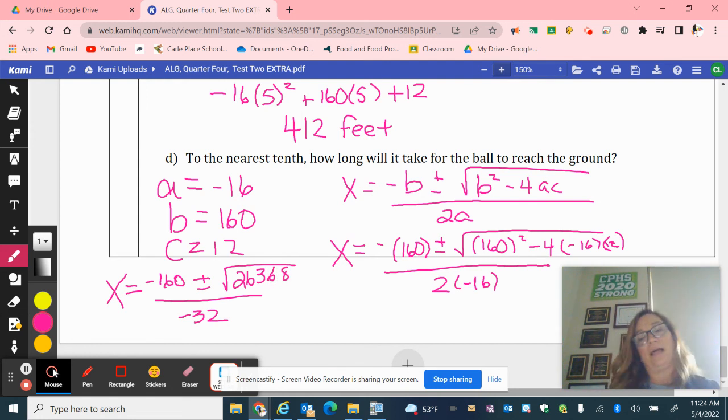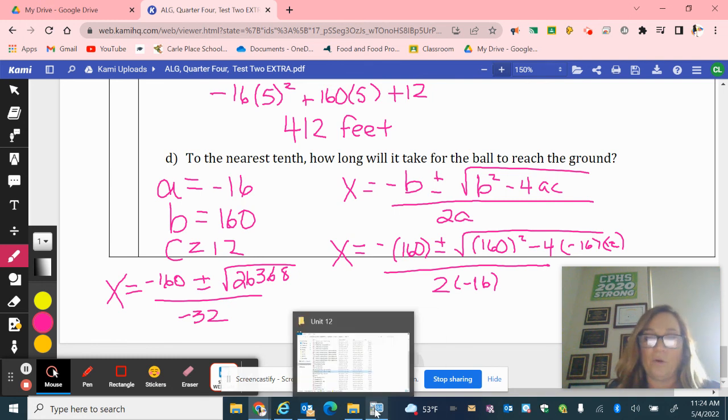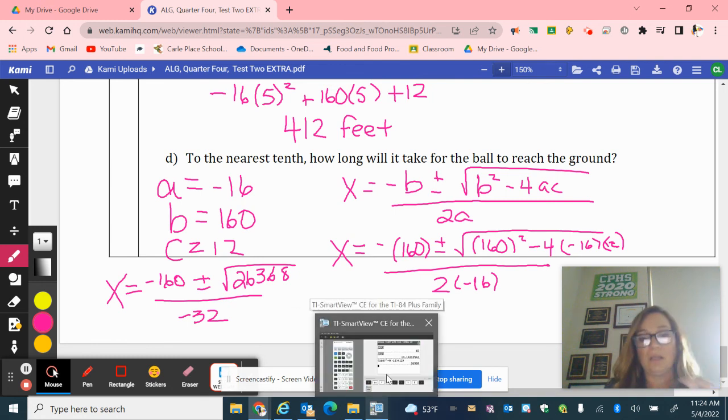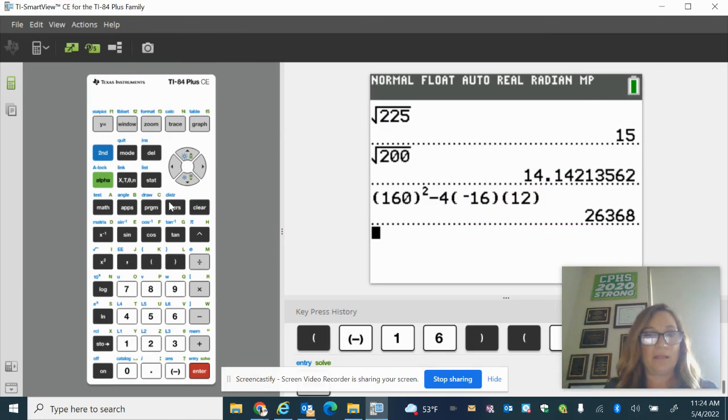Now I'm going to go to my calculator. There is going to be one positive answer and one negative answer, but the negative answer wouldn't make sense because it is time, and time is not negative. Here it is.